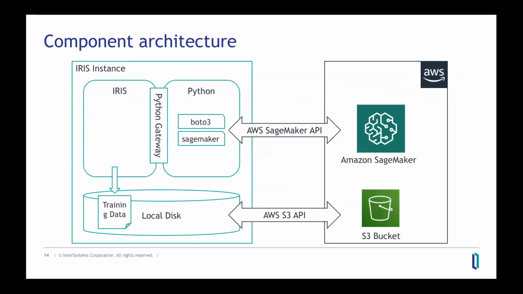What's important in this approach, right? And why Python is so key to this kind of interaction. In theory, that all can be done through a set of REST APIs that would let me from IRIS call SageMaker and interact with S3 buckets, bypassing Python altogether.